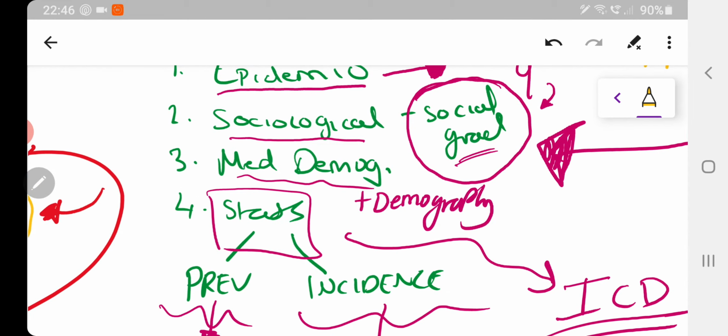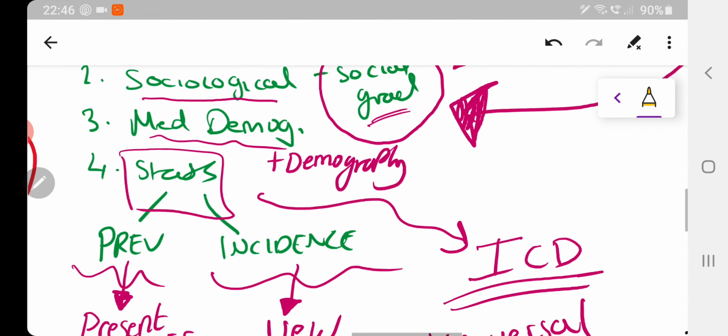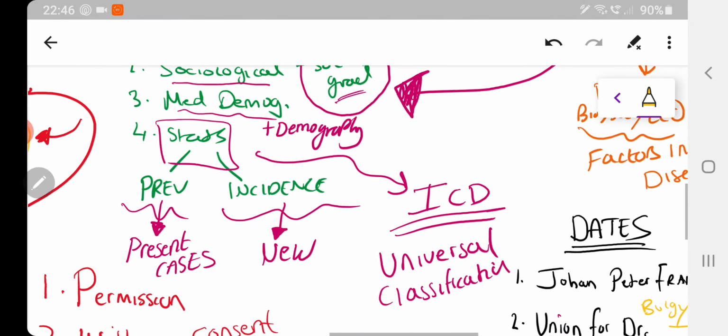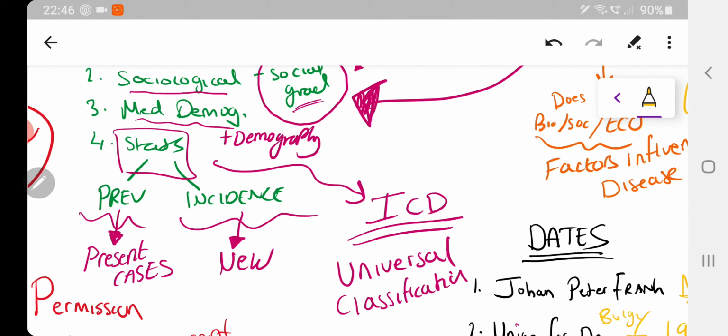Next, medical demography. Okay. Now, this is just like how demography can affect health. Maybe those pyramids. Is that one thing? Those pyramids.